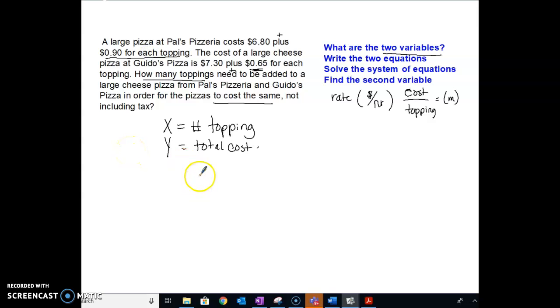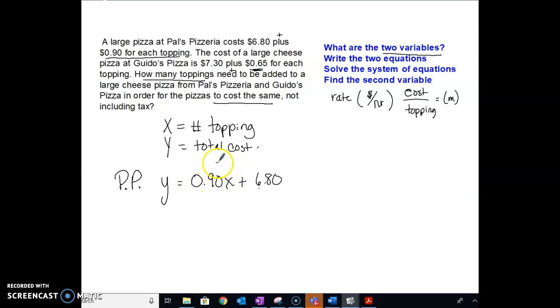So when I write my equation for Pal's Pizzeria, the cost of the pizza is going to be 90 cents per topping times the number of toppings, there's your x, plus that additional cost of $6.80. We've seen this before. If you had no toppings, a cheese pizza costs $6.80.